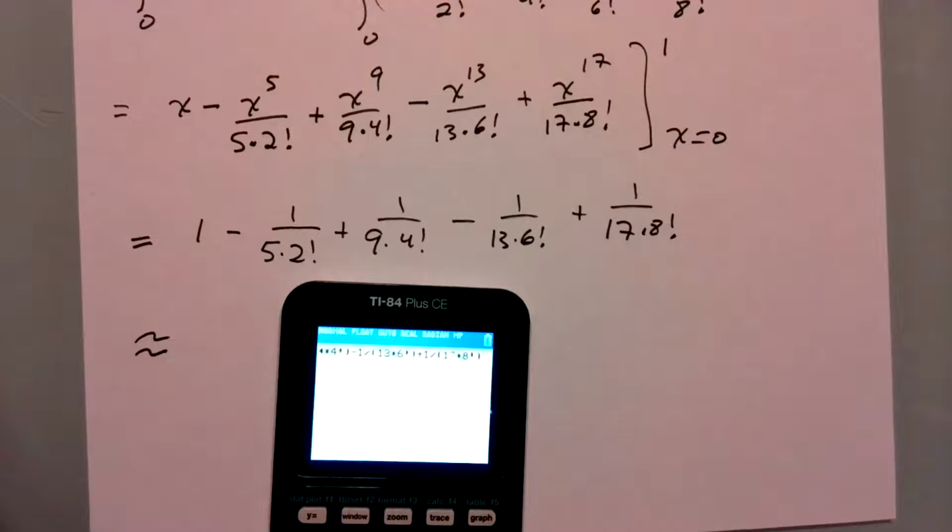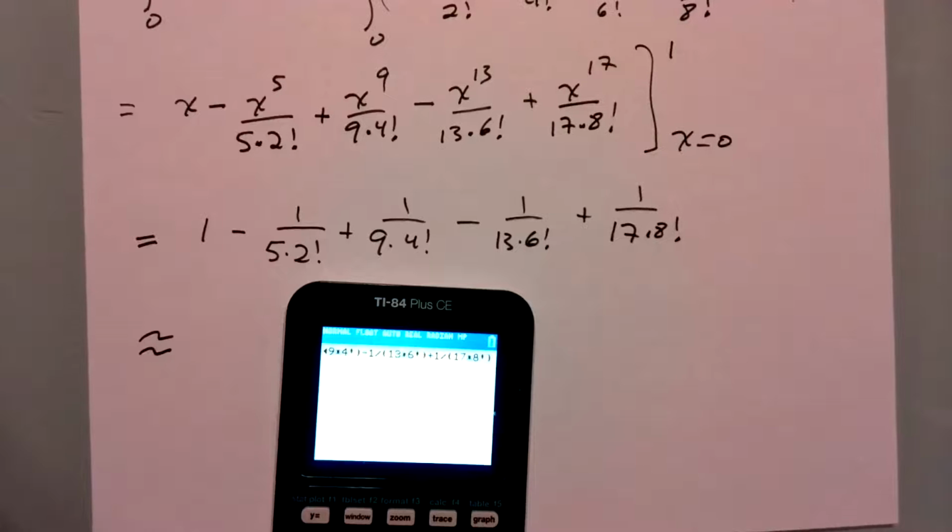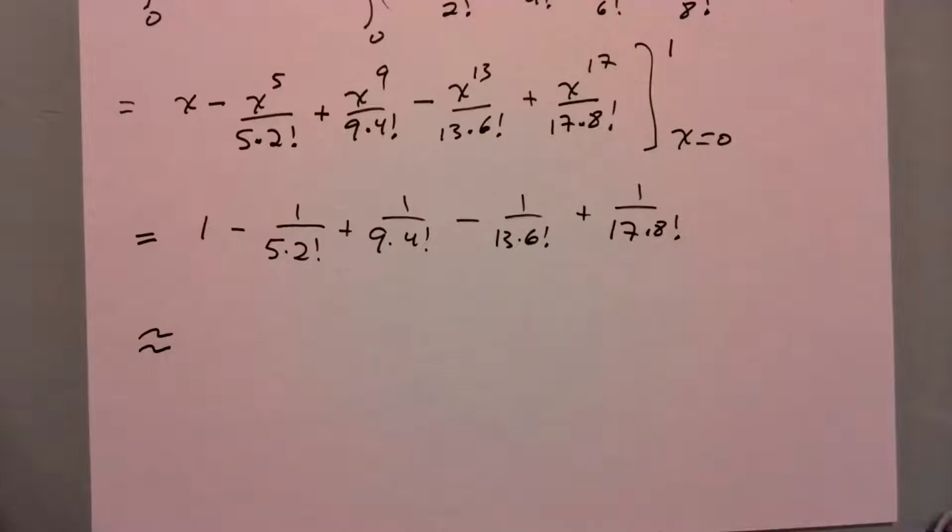Before I hit equals, I'm just going to check to make sure I've loaded everything in correctly. And I get 0.9045. So let me write that down on my screen here. So this is approximately 0.9045.